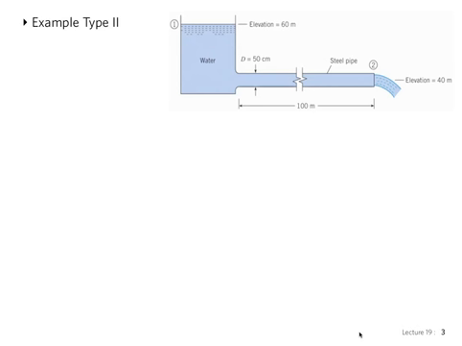Here's one example. We have, in this example, a tank of water, and we consider water flowing from this tank through, you see here, a 50 centimeter diameter pipe. So diameter of the pipe is 50 centimeters. And this is commercial steel.